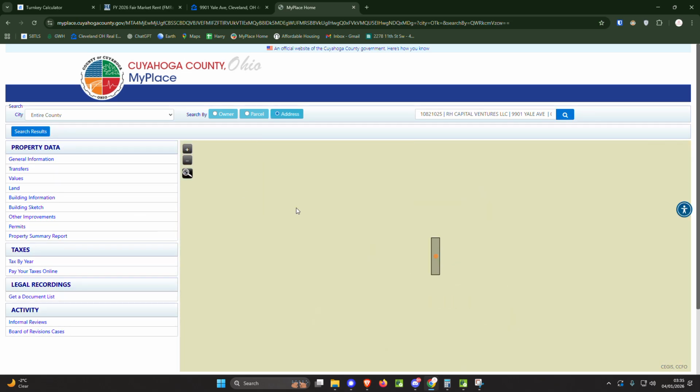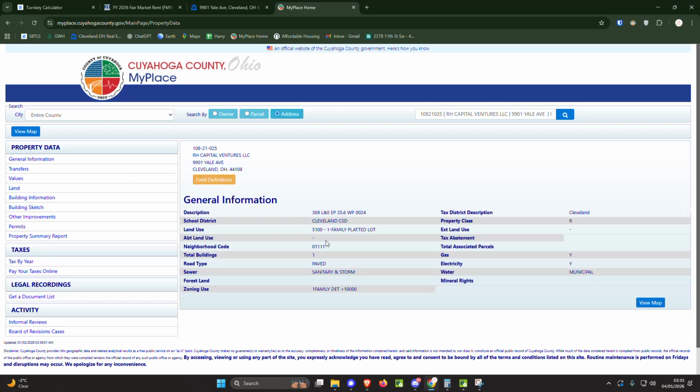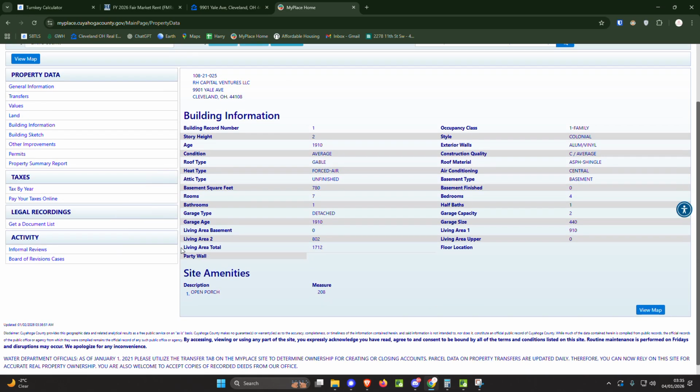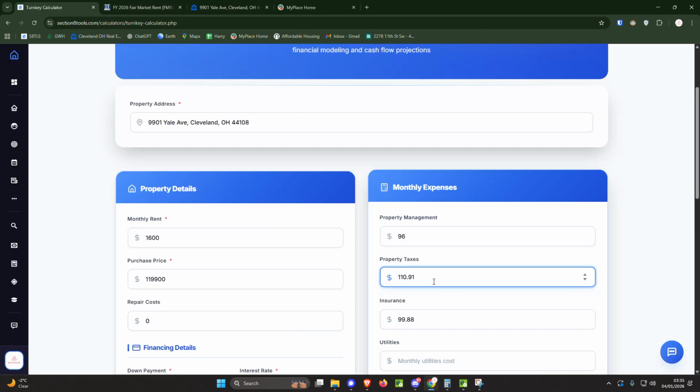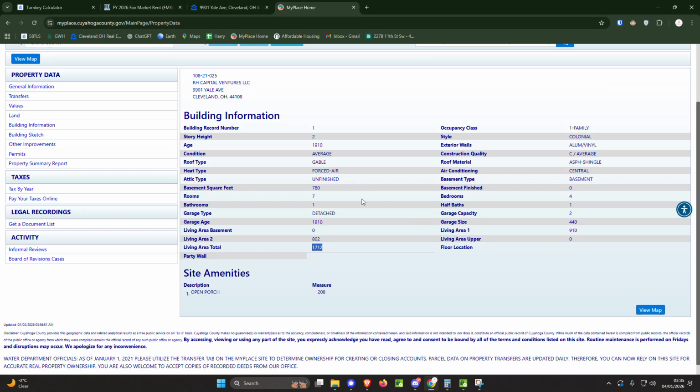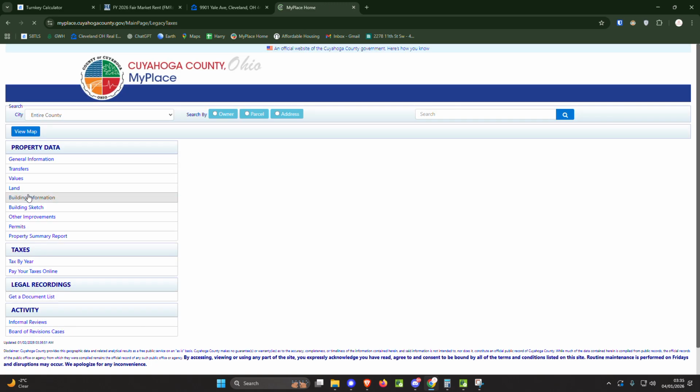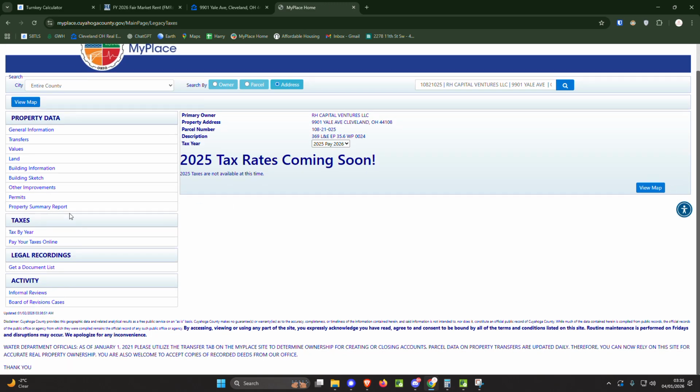It shows you what LLC currently owns it and all that type of stuff. So you click building info and you can see like the square footage, live-in total area 1,712, which is actually smaller than it states on Zillow. That's a perfect example. Zillow is incorrect. It's not always correct. But yeah, property taxes you can find directly on here as well. You can see like tax by year and all that type of stuff.